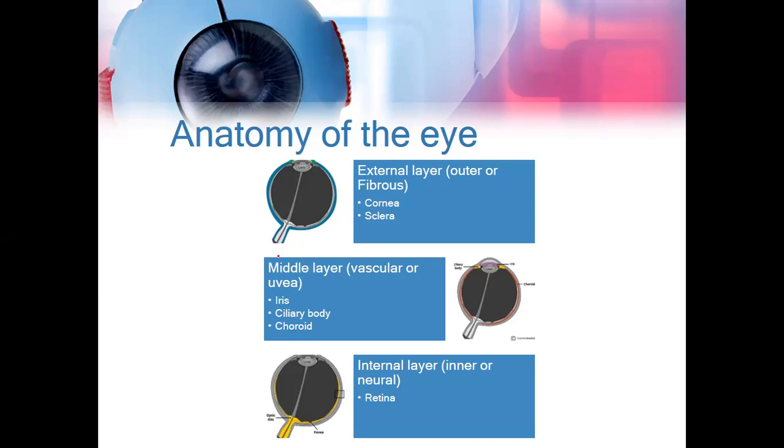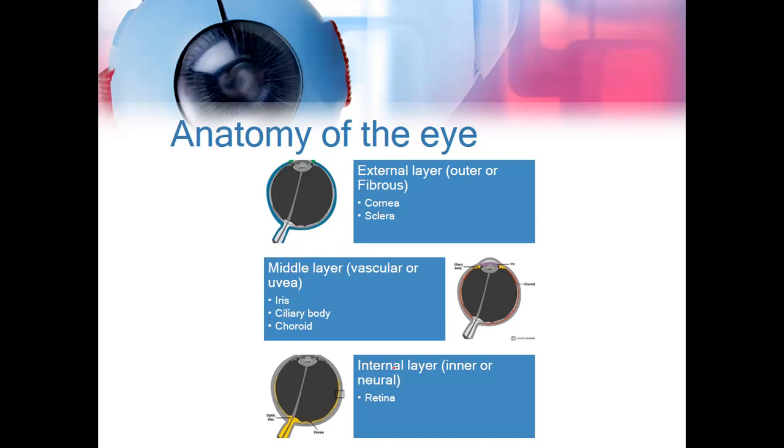We have a middle layer, also known as vascular layer, or simply uvea, okay? This middle layer has three main components, which are the iris, the ciliary body, and the choroid. Now, I think you all know this, focus on pronunciation.